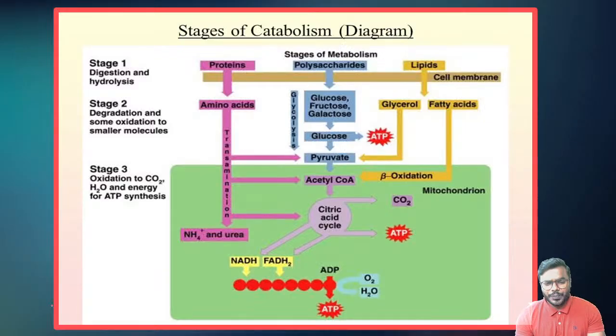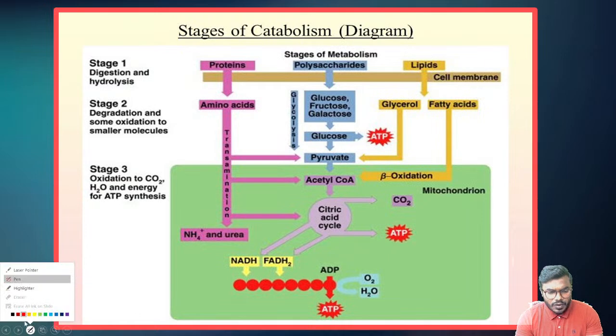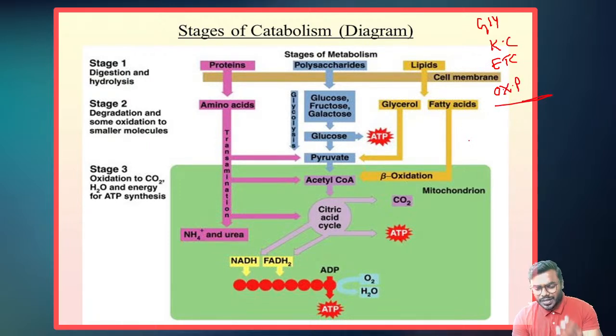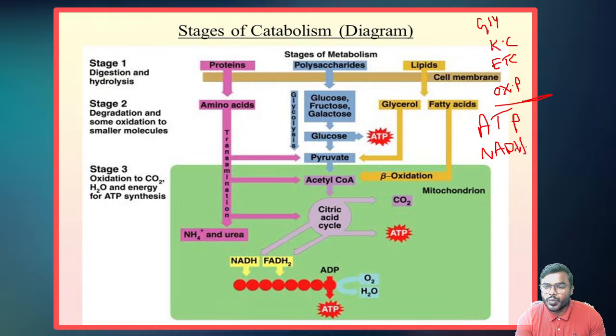Okay. Now friends, one common point everyone has to remember: in the process of glycolysis, in the Krebs cycle, in the electron transport chain, in oxidative phosphorylation, what are the three substances or precursors that we use very commonly in all these cycles? We use very commonly ATP, NADH and FADH2. Yes or no?